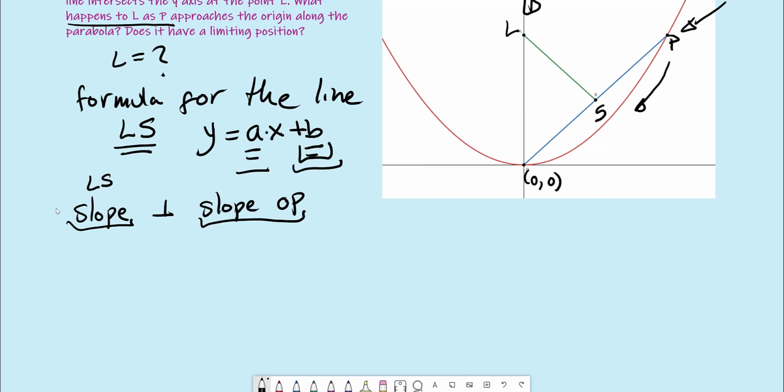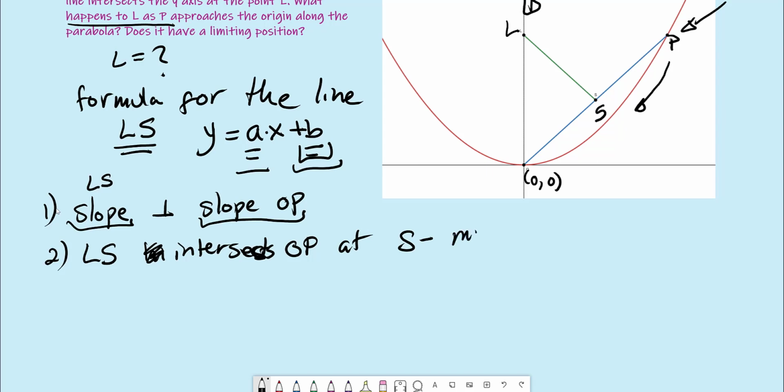The second thing we know is that LS intersects OP at S, which is the midpoint of this line. So if we can figure out the coordinates of S, and we can figure out the slope of LS, then we will have the equation for the line, and we can figure out how L behaves.